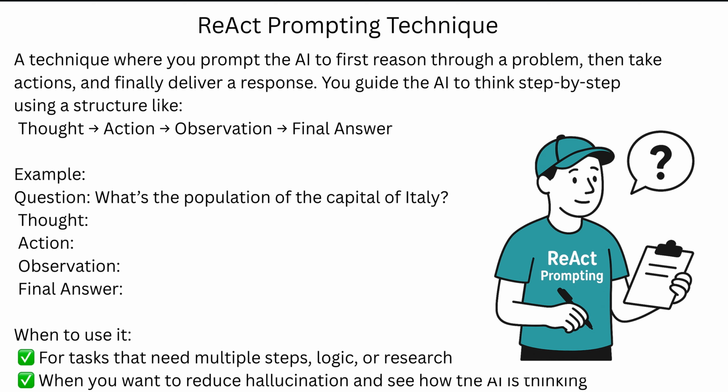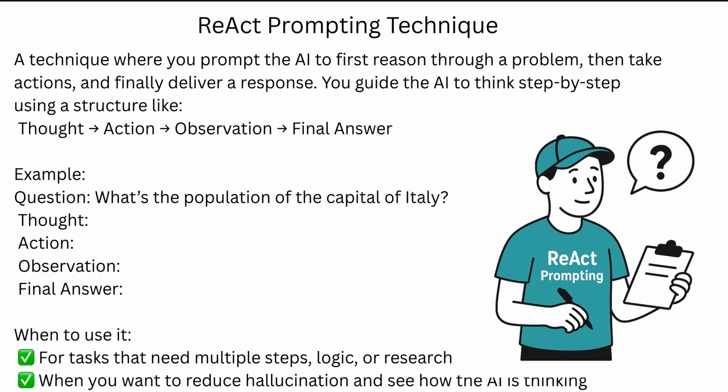A technique where you prompt the model to first reason through a problem, then take actions, and finally deliver a response. So you get the AI to think step by step, just like chain of thought, using a structure: thought, action, observation, and final answer.